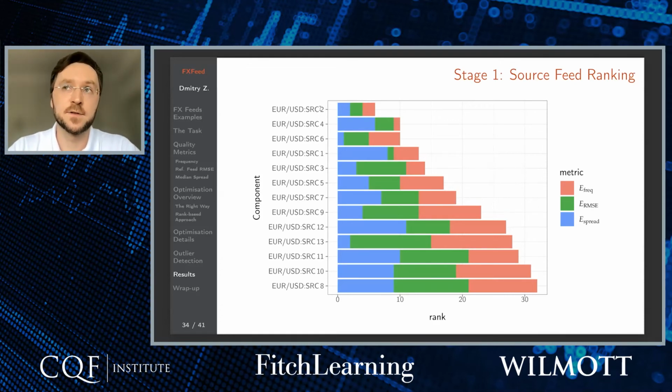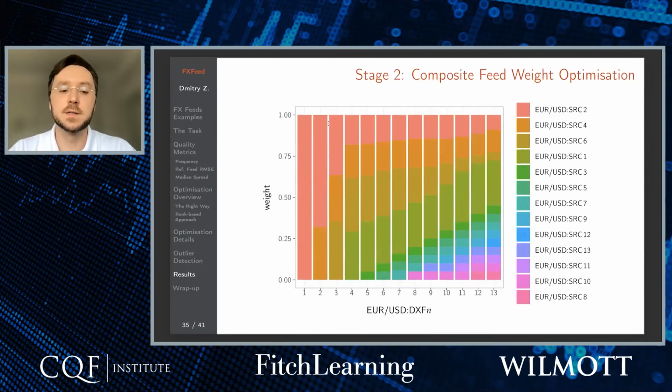Then what we do next, we select the first best feed, 2 best feeds, 4 best feeds. That means feed number 2, feeds 2 and 4, 2, 4, and 6, and so on. And for each selection of feeds, we fit the model to the data. And the model, as you recall, is weighted ridge. And here you see a different weight balance of all the 13 possible models.